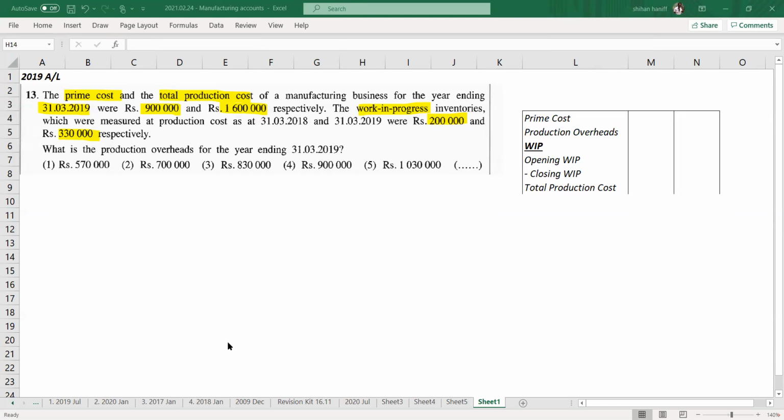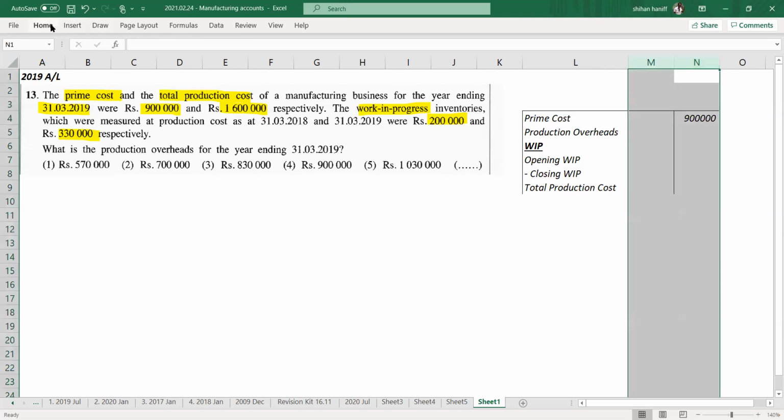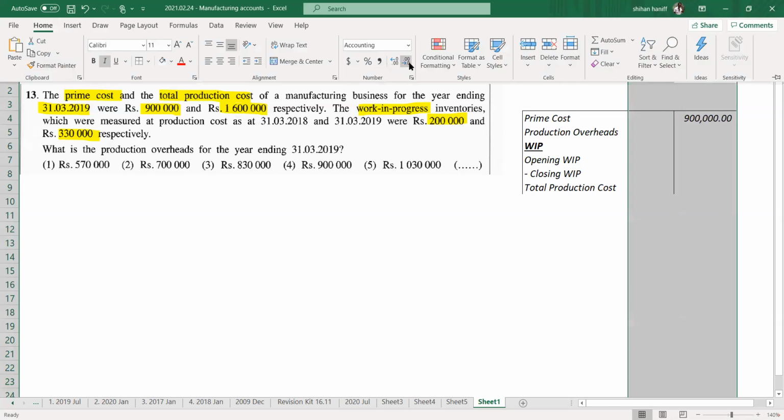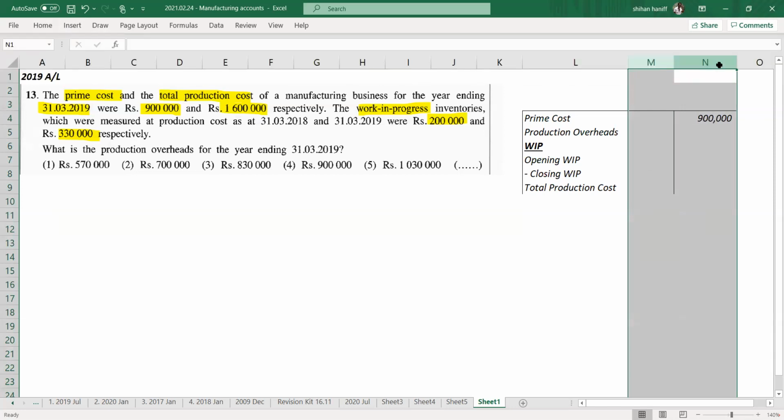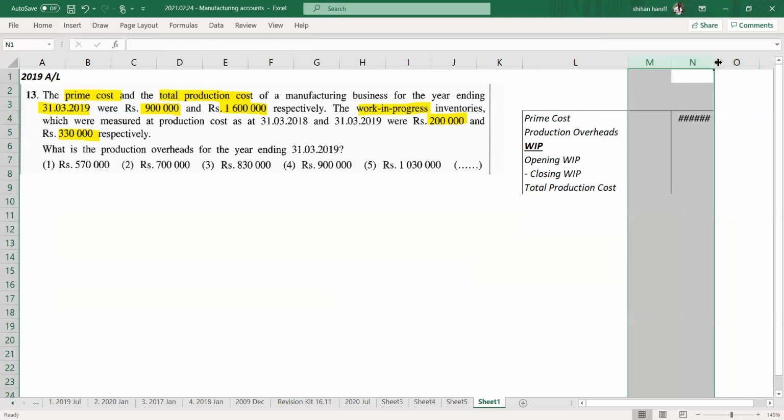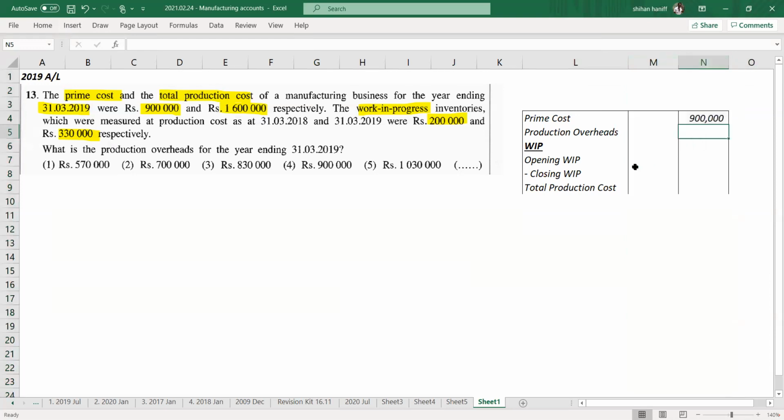Right. So what is the answer? Prime cost is 900,000. Normally what you have to do is draw the format and record whatever information is available. Then find out the difference like we do for the incomplete records.